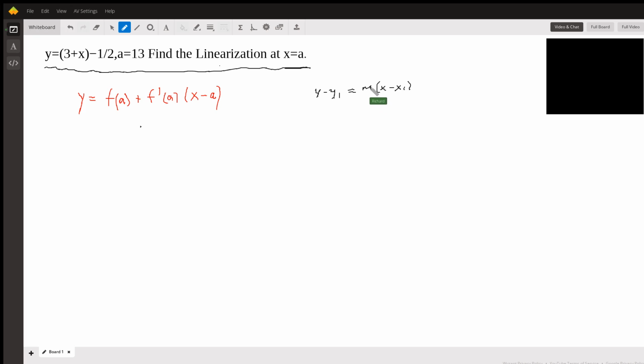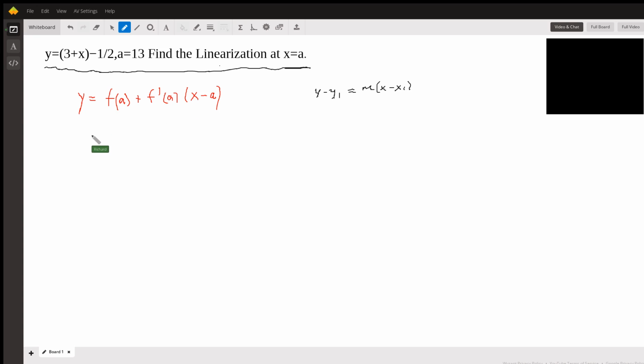M would be the slope, f prime, times x minus a, which would be the x1. And f of a would be y1 because it's the y value at a. So you bring the y1 over and you have something that's the same here. I'm not going to go through all the steps there, but I didn't want you to think that this was coming out of nowhere. It's probably best to just memorize this straight up.